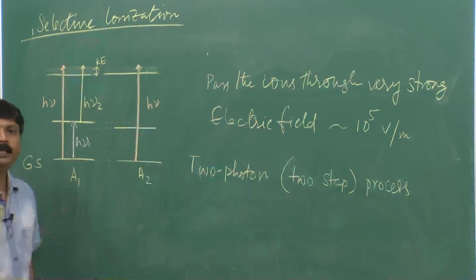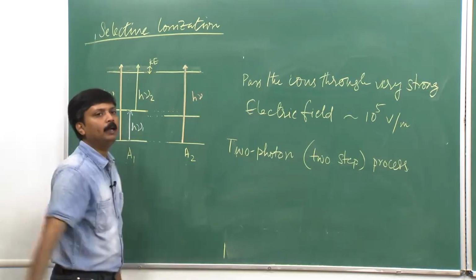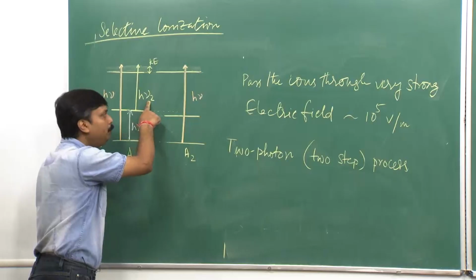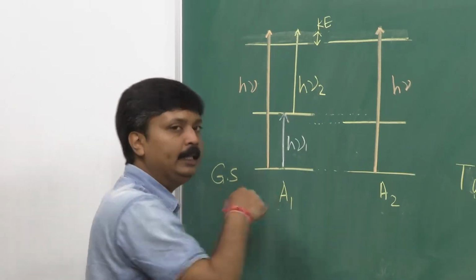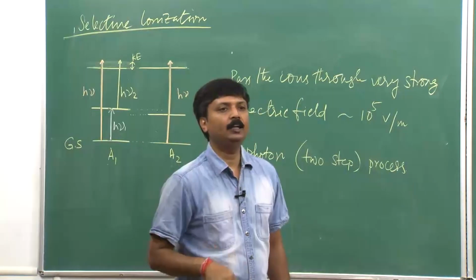The only thing I have to be careful about is the frequencies that I am using. This nu 1 or nu 2 should not be such that they themselves create the ionization.